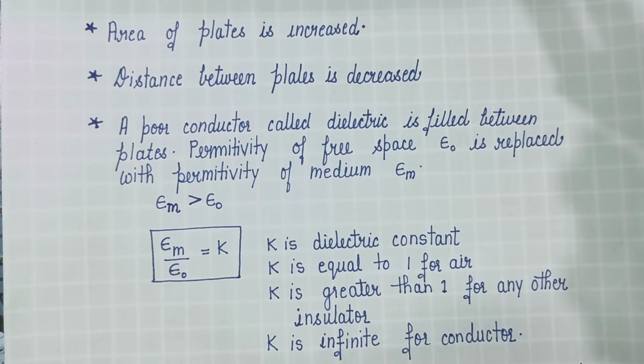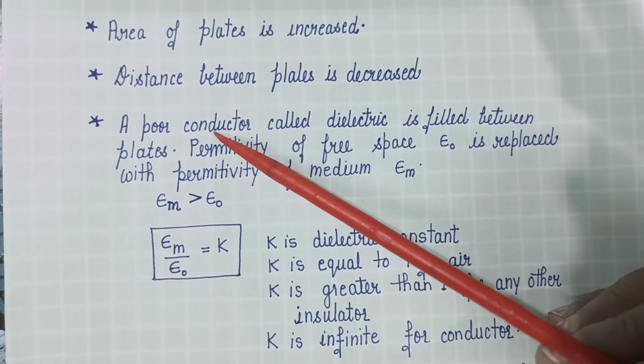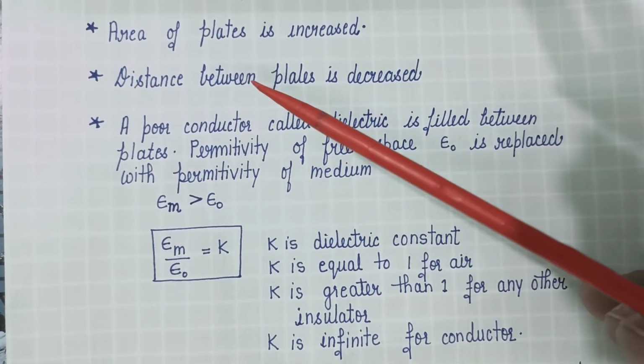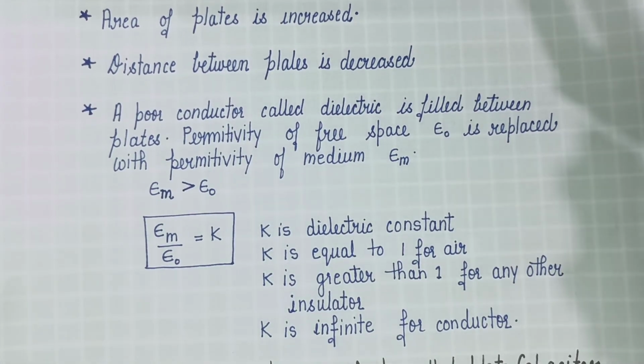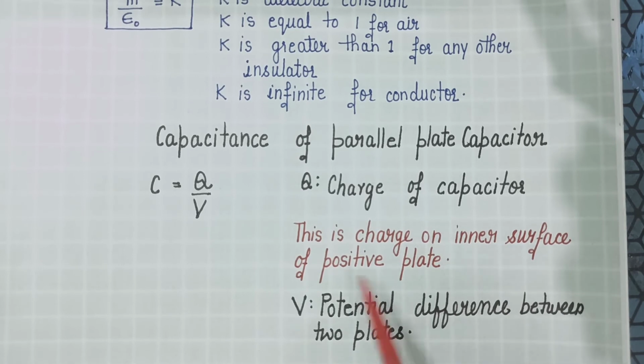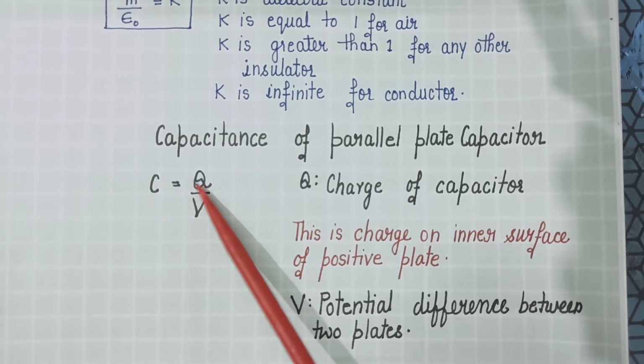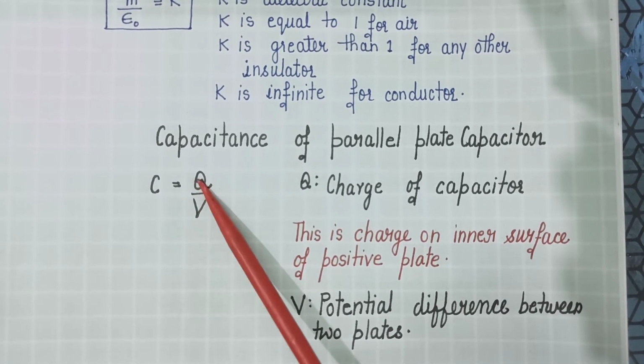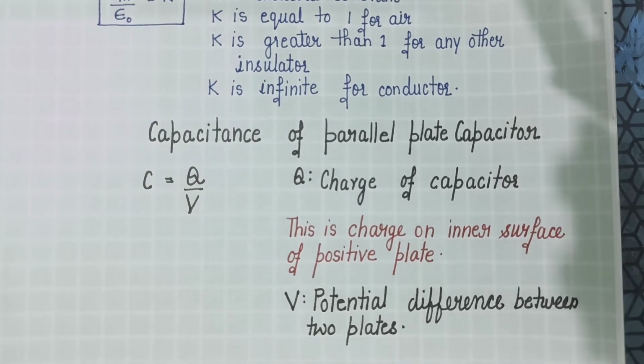So that way we can increase capacitance through these three factors. Changing these three factors, we can increase the capacitance of a capacitor. And here we should write that Q is the charge on the inner surface of the positive plate, which should be replaced here when we need to put the value of Q.